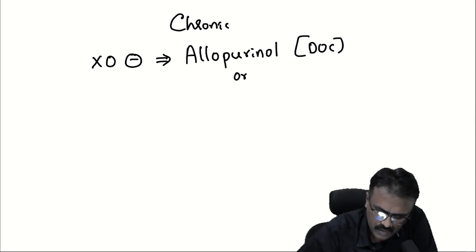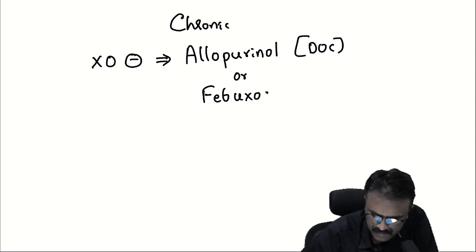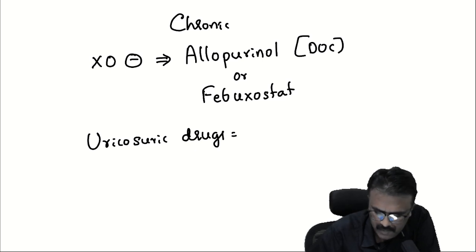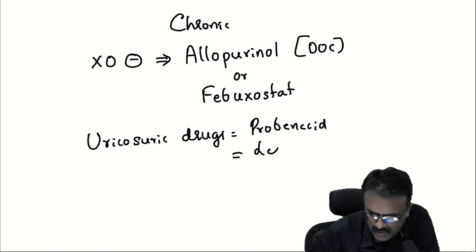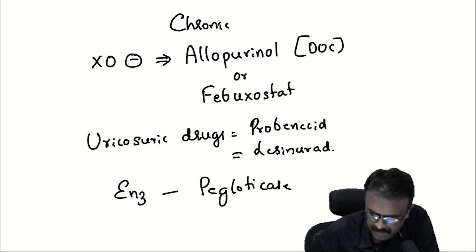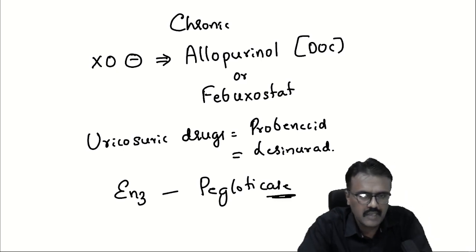If that is not there, we can use febuxostat. Then we have uricosuric drugs. Mainly remember the name probenecid. Then lesinurad. And then we have an enzyme. The enzyme name is pegloticase. So these are the drugs for chronic gout, and the drug of choice is allopurinol.